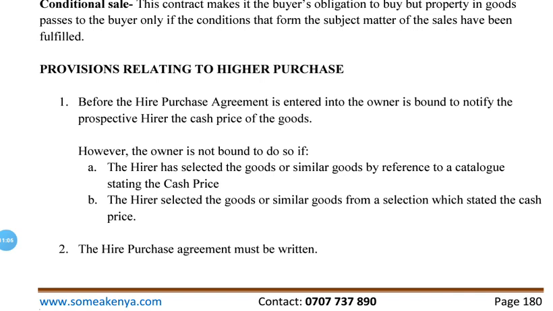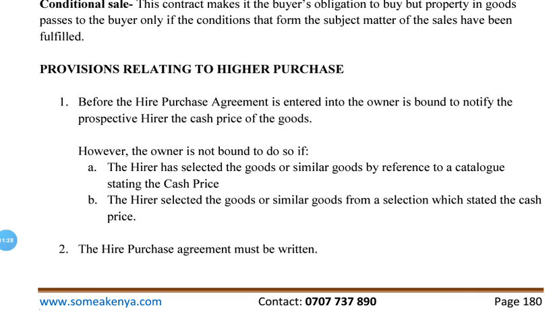cash price. So in simple terms, what we are saying is that whenever goods are going to be sold on hire purchase, the seller must quote two prices. The seller must quote the cash price of the item and also quote the hire purchase price of the item.